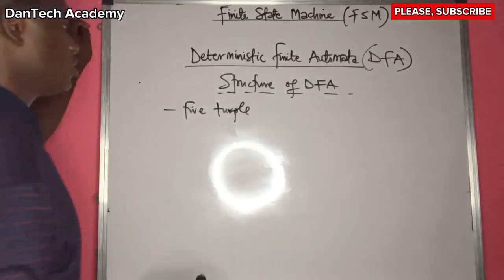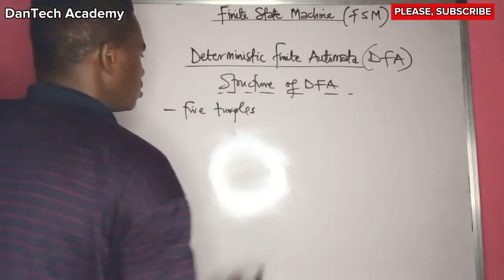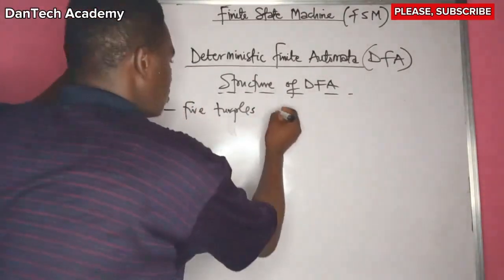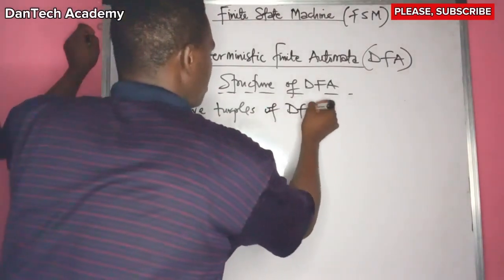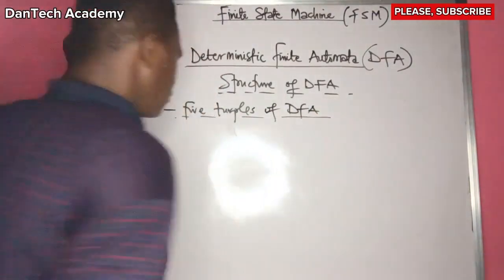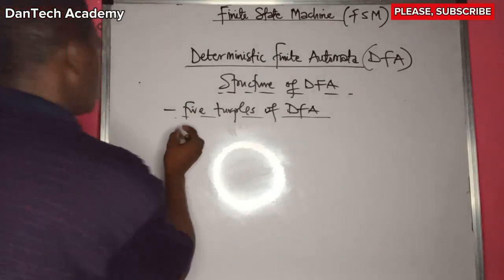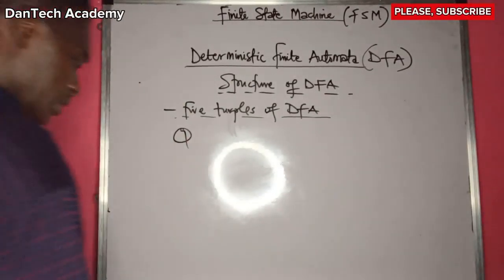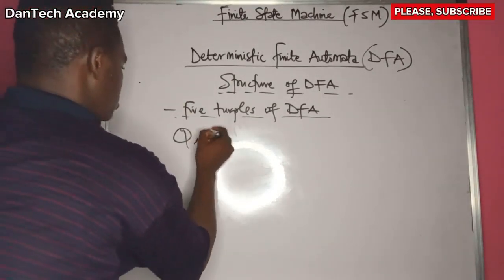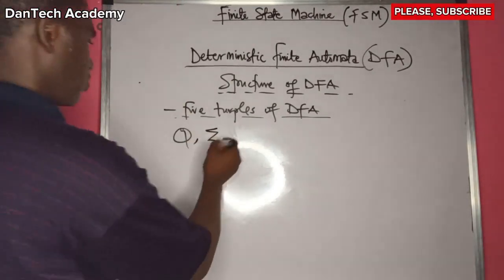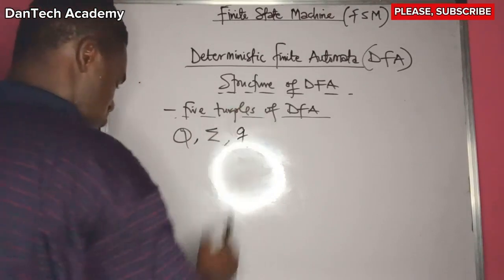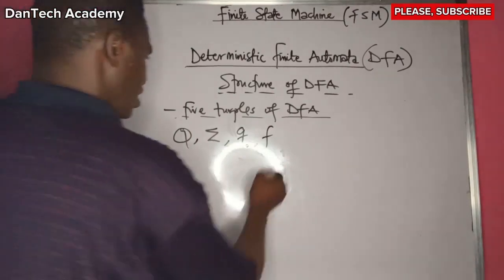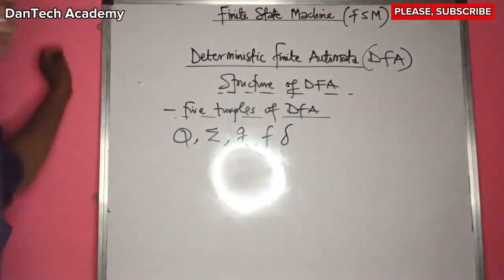The five tuples of DFA: we have Q, then sigma, then Q naught, then F, and the last is the transition.